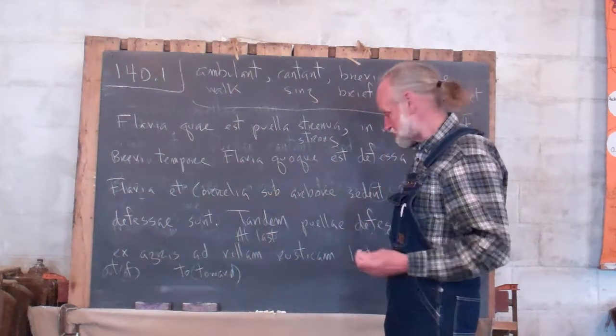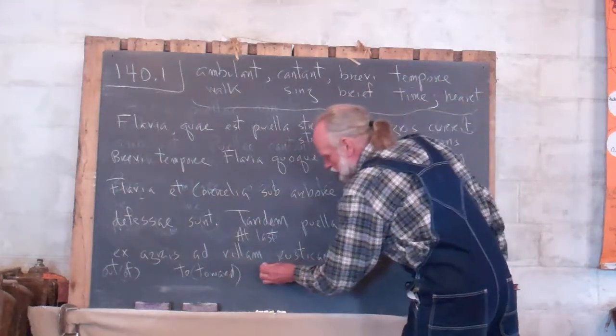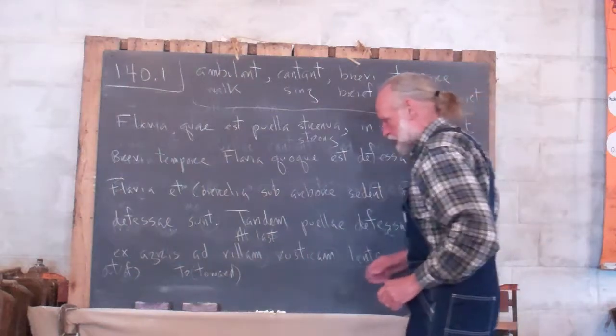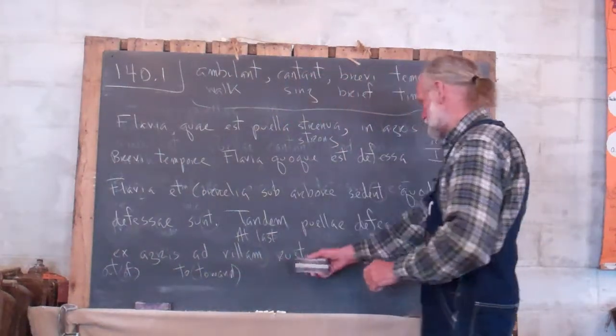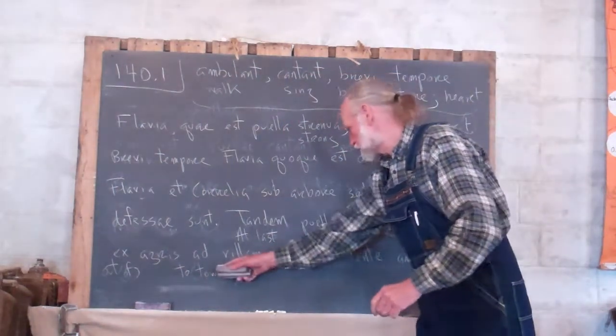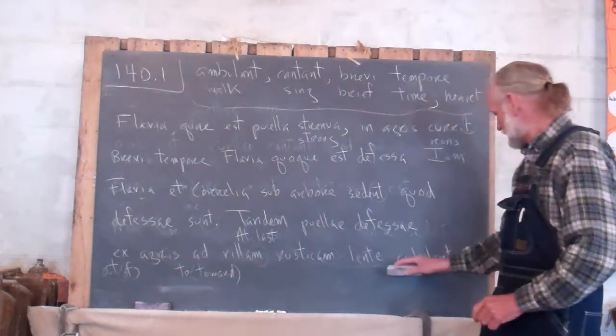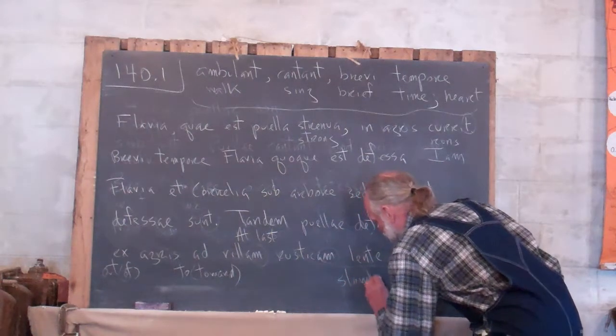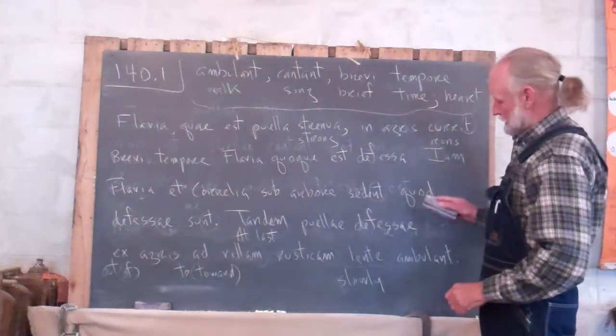Endings are so critical. So in your inflections, I think you should put that, well, let me finish the sentence. To the villa, toward the rustic villa, lente ambulant. Lente is slowly. Call that an adverb.